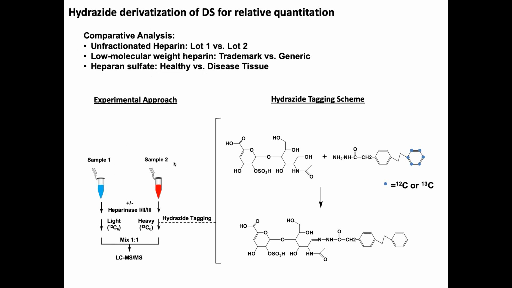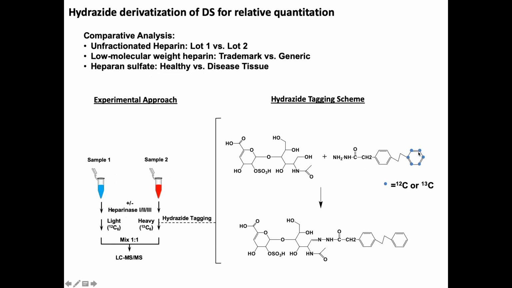Do I have the same amount loaded on the lanes? Yes, I do. Same kind of thing. Once you get that, you can then do an enzymatic degradation, and then react again with this free reducing end with this hydrazide tag with either a carbon-12 or carbon-13.